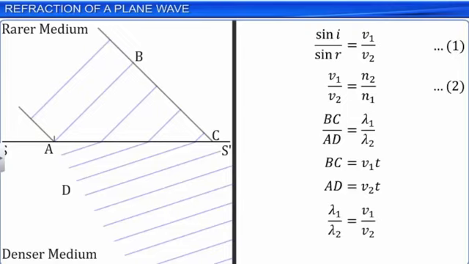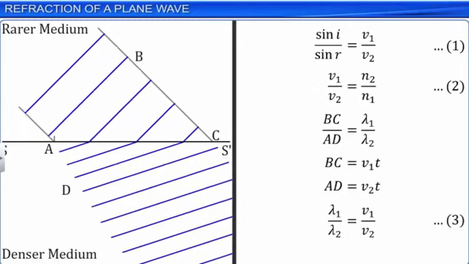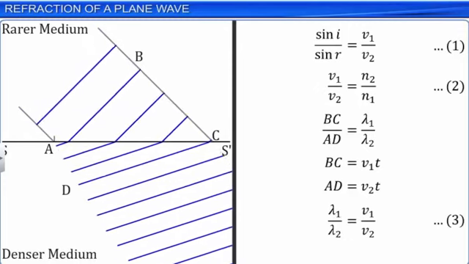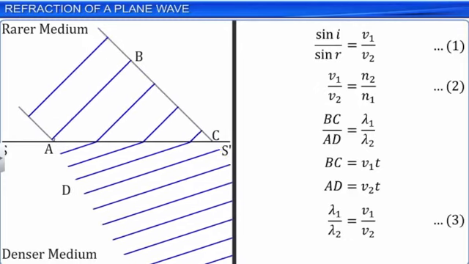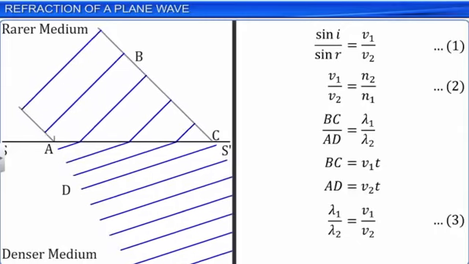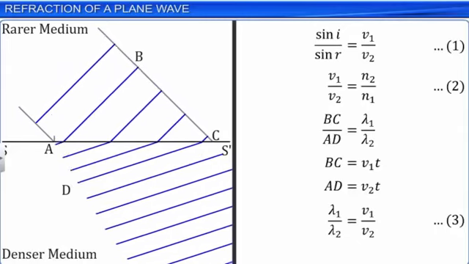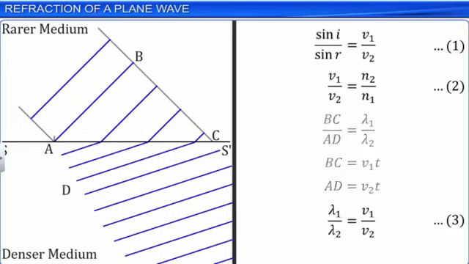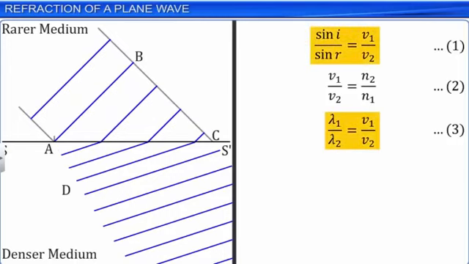Let this be equation 3. Equation 3 implies that when a light wave refracts into a denser medium, its wavelength as well as velocity decreases. From equations 1 and 3, we can write sin i by sin r is equal to lambda 1 by lambda 2.